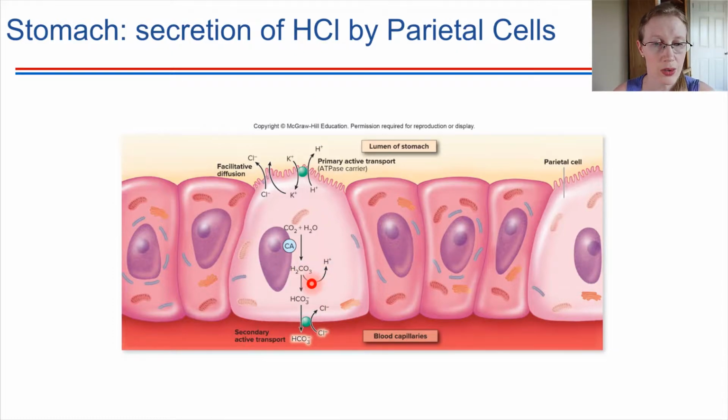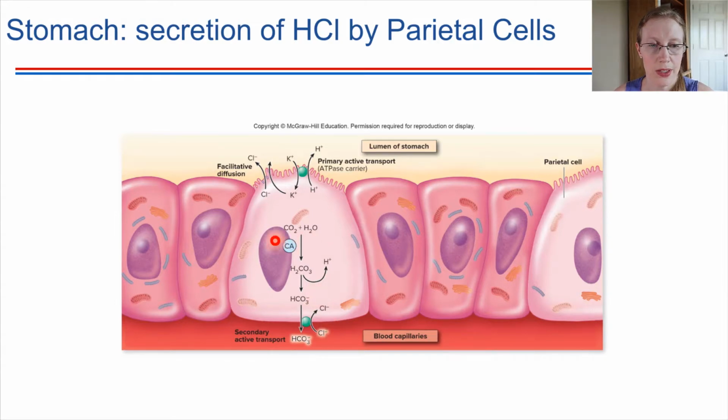The rest of the molecule, the bicarbonate ion, it is transported out of the cell into the blood. So that goes and contributes to the buffering system in the blood. The bicarbonate is being transported down its concentration gradient. That is used to power the transport of chloride ions into the cell. So now what's chloride going to do?